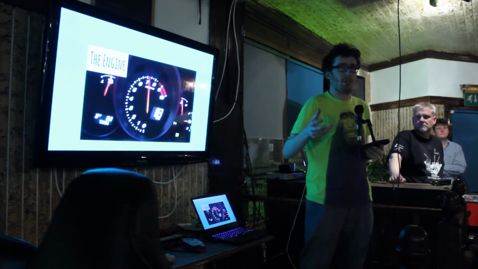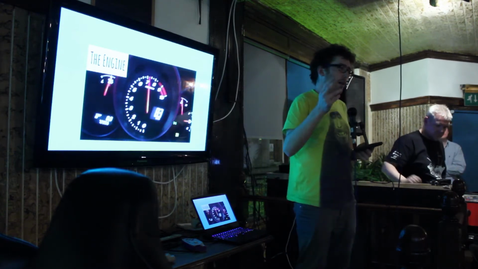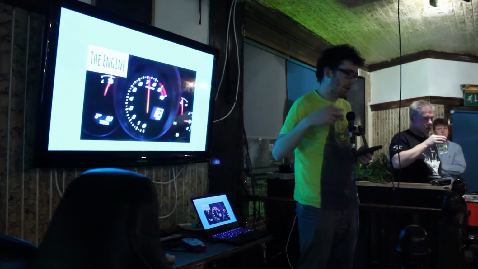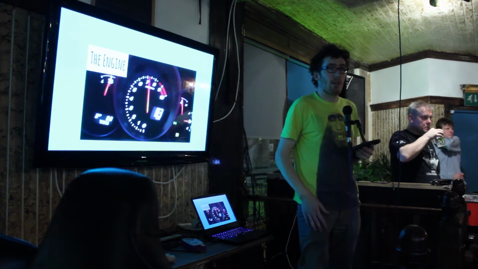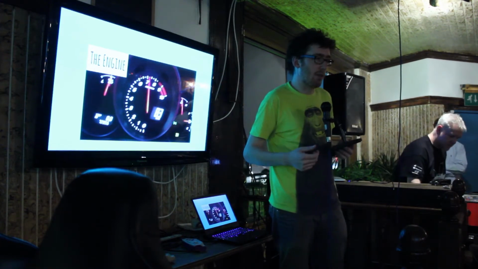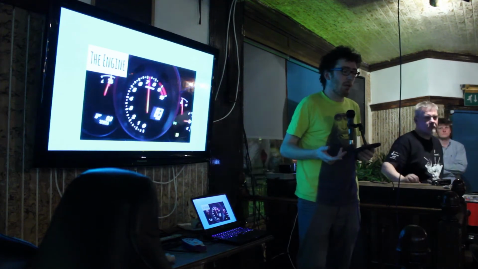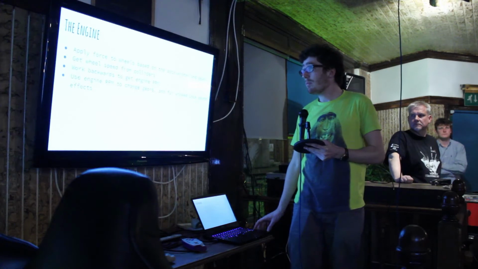But you do care about the engine for things like a speedo, an RPM display, which cars often have. You also need the engine RPM for sound effects, like that engine revving sound. So it can be useful for those things.